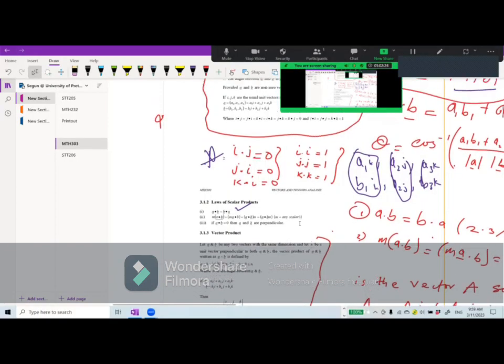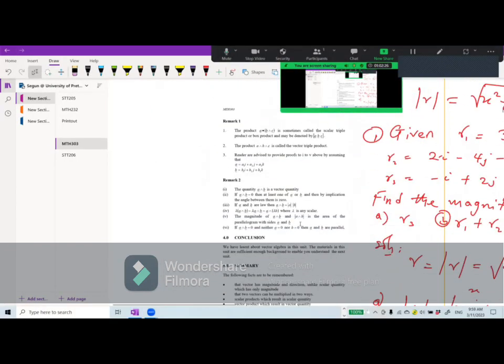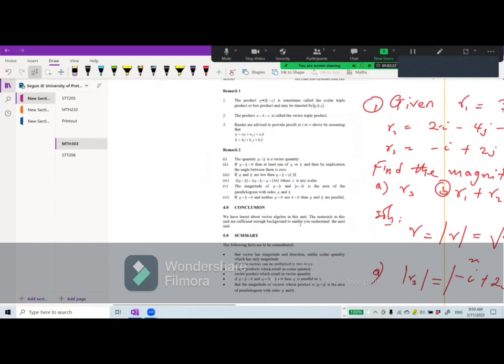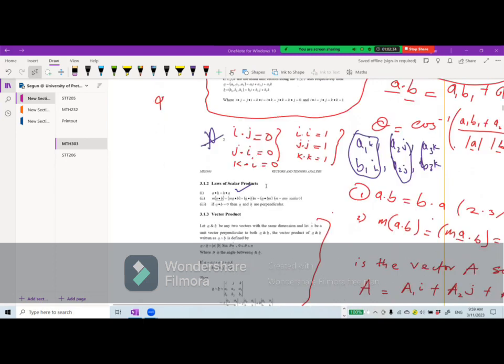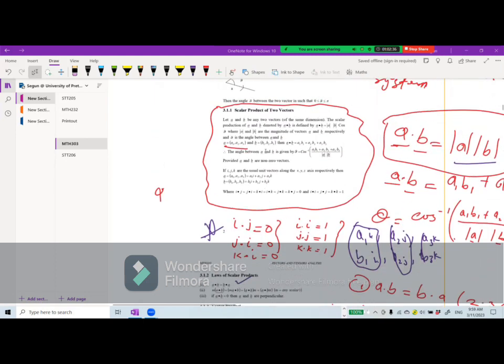But before we go, let's look at the highlights for the next class. What are the things we'll be discussing? Like I mentioned the other time, we will be talking about some of the dot products. Then we'll look at how the scalar product of two vectors is normally multiplied.